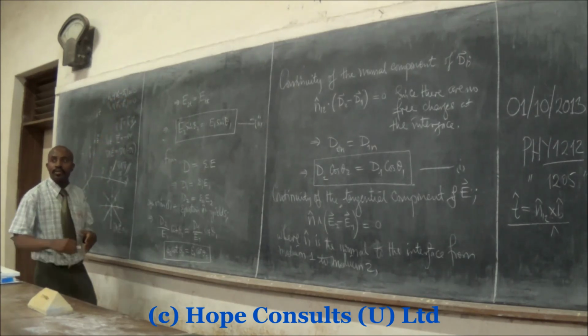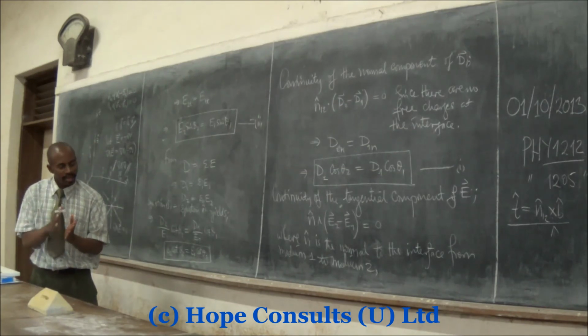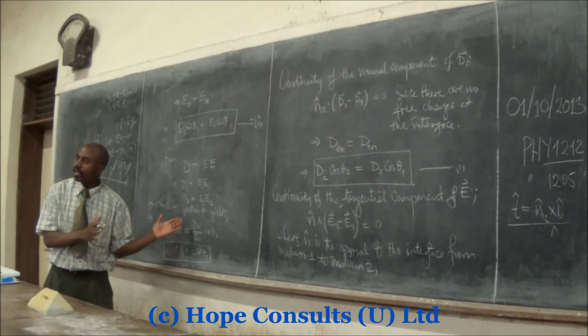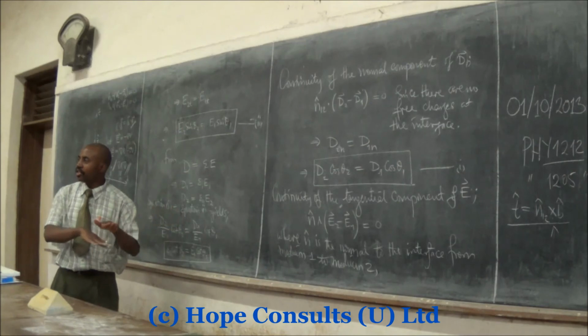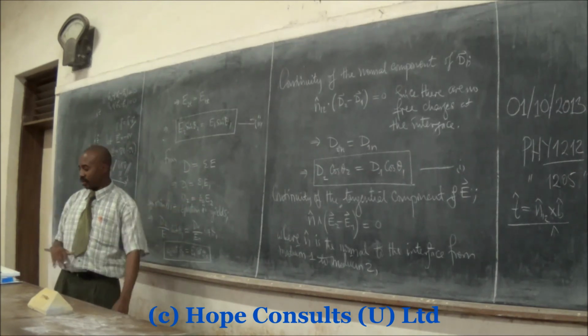So if you have two perfect dielectrics, the normal component of the displacement vector is continuous, so is the tangential component of the electric field.